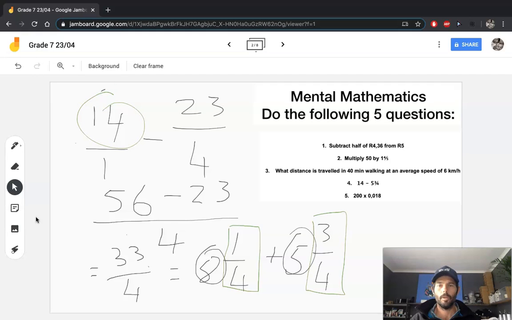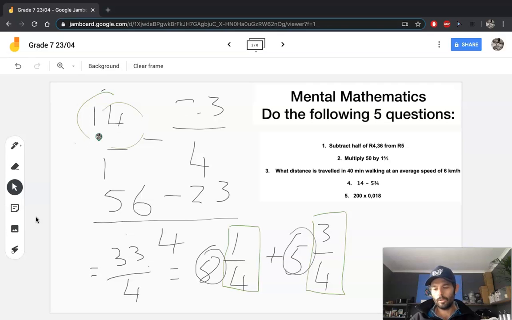If you had recognized at the beginning that 14 minus the 5 is 9, and then the 9 take away the 3/4 leaves you with 8 1/4, then guys, that's also absolutely fine.